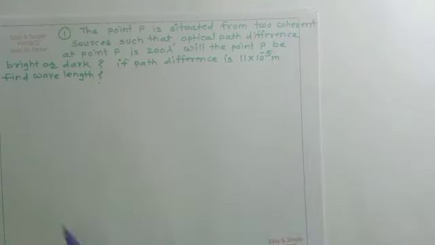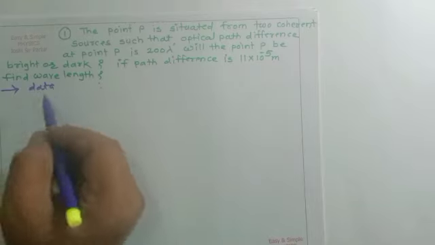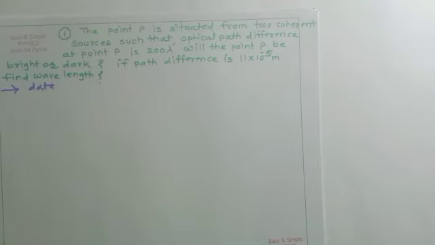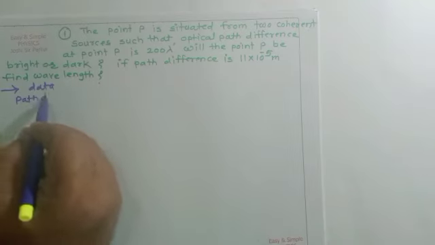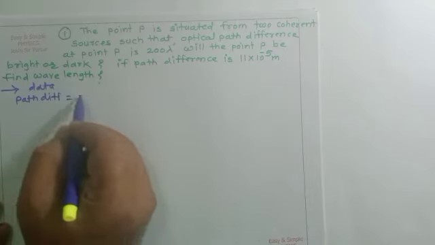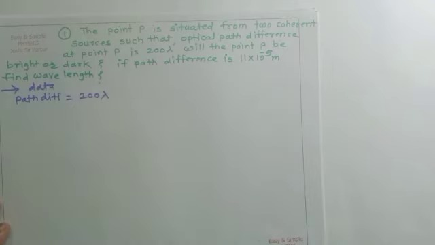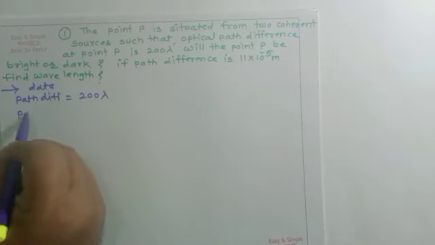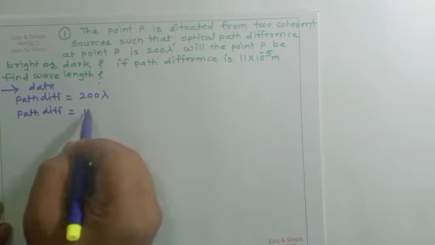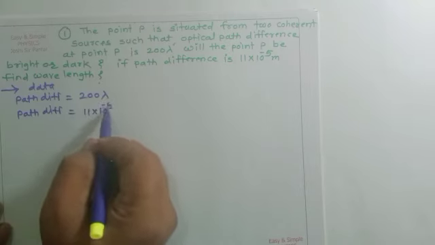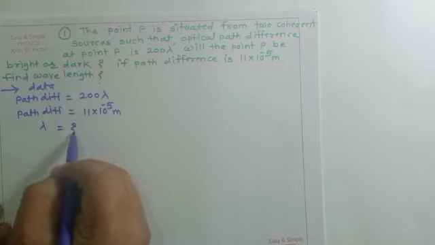Given data: path difference is 200 lambda, and if path difference is 11 into 10 raised to minus 5 meter, we can find out the wavelength.